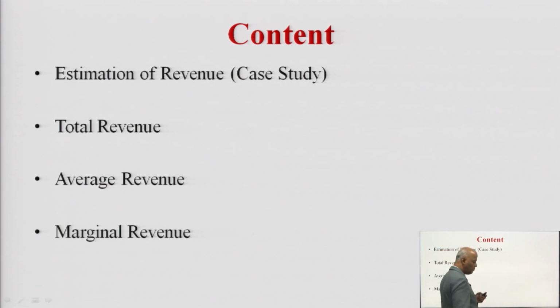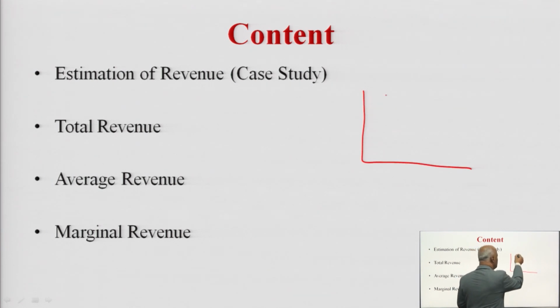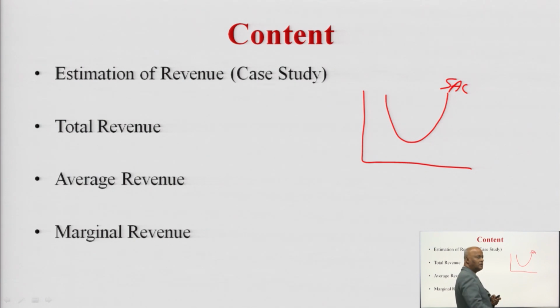regarding the cost part, I have already mentioned that in the short run, this is the short run average cost curve, which is U-shaped, and on the y axis it is the short run average cost with respect to the quantity produced.